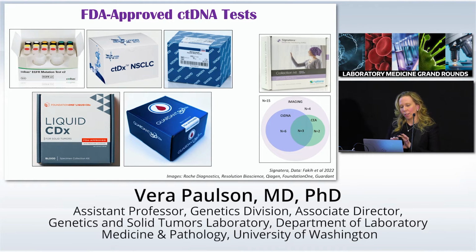And so this study basically looked at what was first to detect. They did the imaging on NCCN guideline recommendations, and then looked at ctDNA and then CEA measurements as well. And I've got a Venn diagram here basically showing that imaging was eventually able to identify all the recurrences, whereas ctDNA remained negative in about 40% of cancer patients that had recurrence.